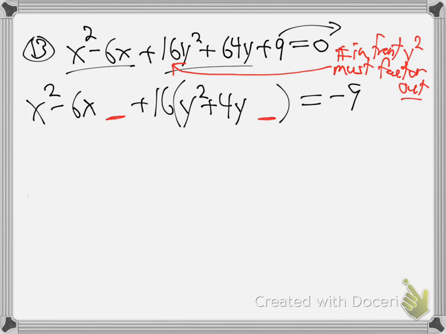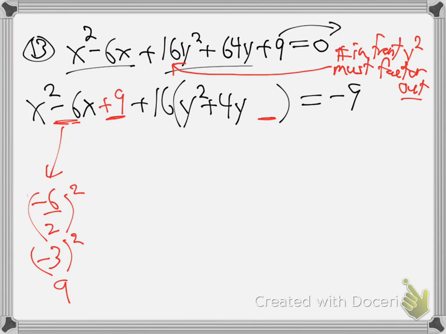How do you find that number they need? What do you do? Take the middle one, put it over 2 squared, which is negative 3 squared, which is 9, plus 9. Good. And whatever you do to one side, you have to do the other to keep the balance. Good for the x so far? Does that make sense?